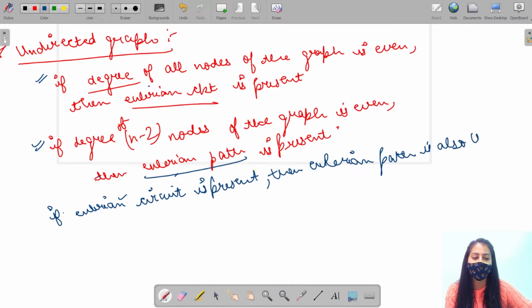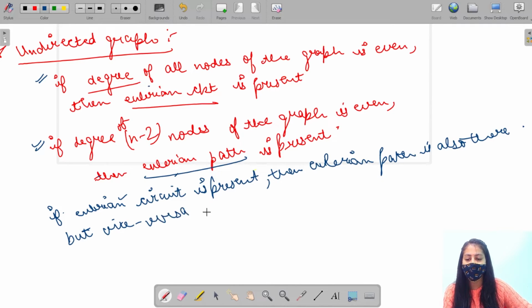But vice versa is not true, which means that it is not always true that if an Eulerian path is present in a graph, then an Eulerian circuit is also present, right?